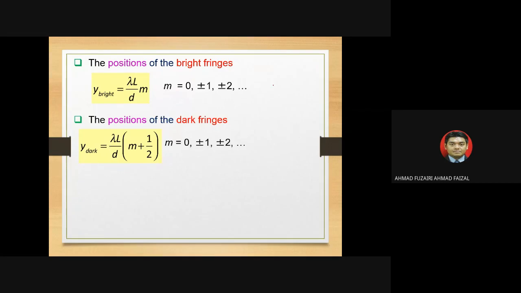Okay, because y equals to L tangent theta, and theta is very small, therefore you will have L sine theta. And remember before this that d sine theta equals to m lambda, so sine theta equals to m lambda over d, so you get this into here. So that's why you can get y equals L m lambda over d. Okay, and L lambda over d.